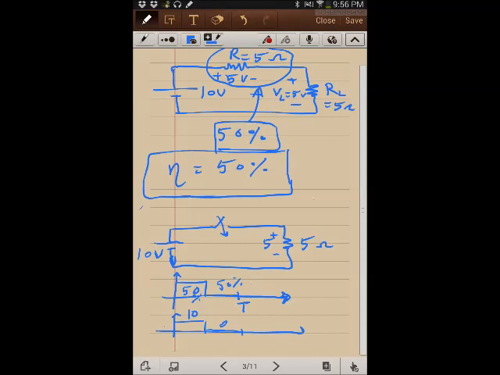So if we take the average value of the voltage across the resistance, it will be 5 volt. And if this switch is ideal, meaning that there is no power dissipated during the switching pattern, then the efficiency will be 100%. So this can only be achieved using power electronic devices.